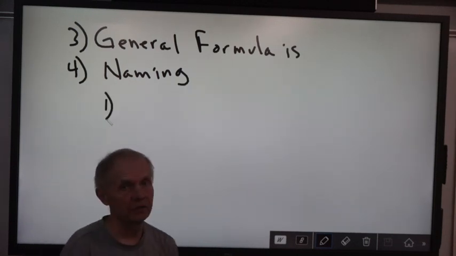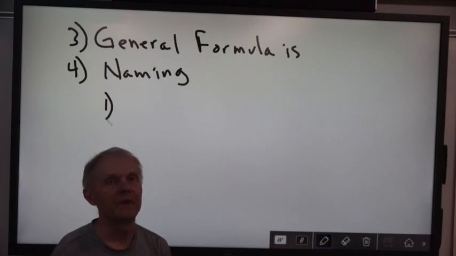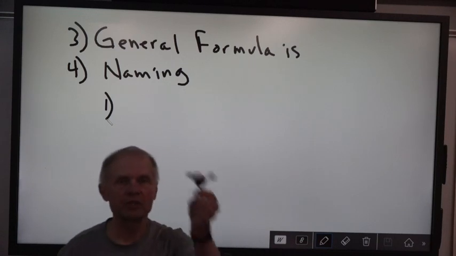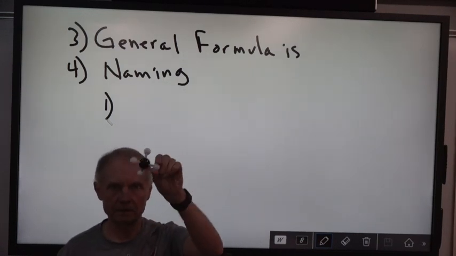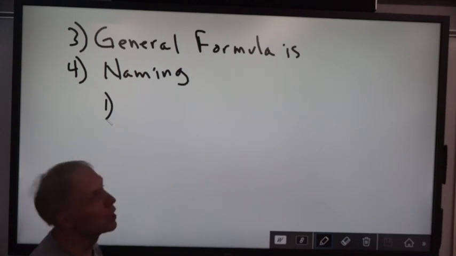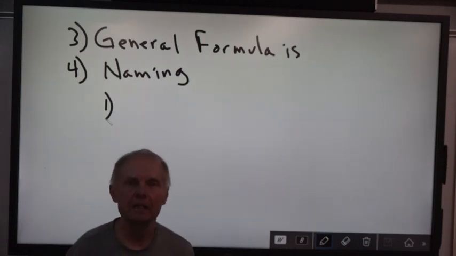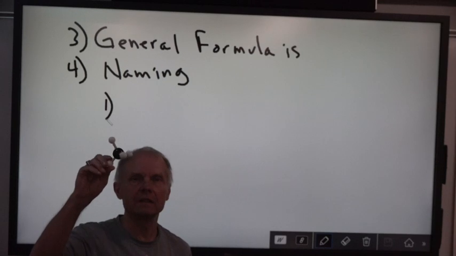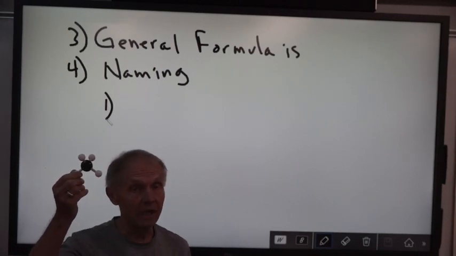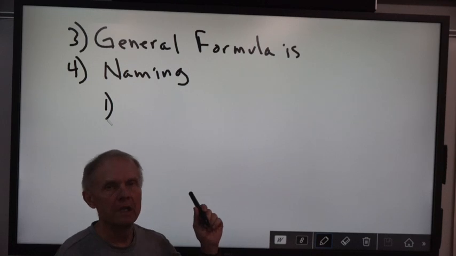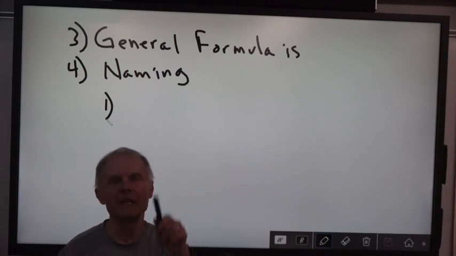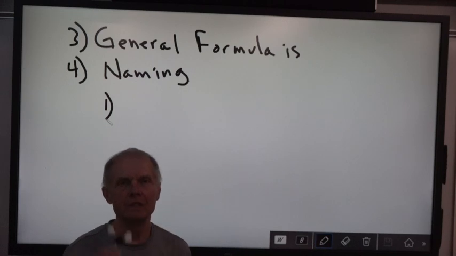But these are way different in the names. Remember, the first alkane was called methane. All right? Now, could the first alkene be called methane? No, it can't. Because the rule is, if you're an alkene, you have to have a double bond between two carbons.